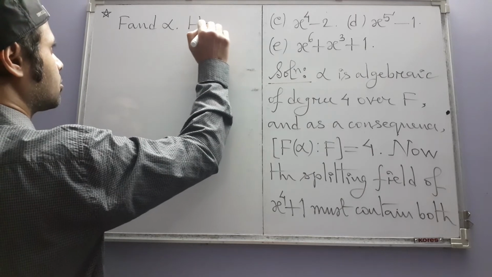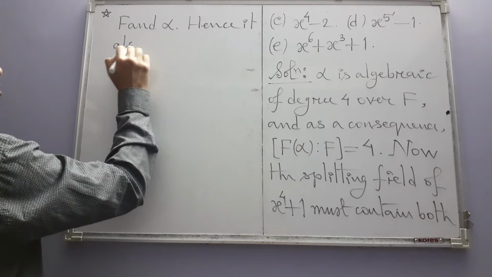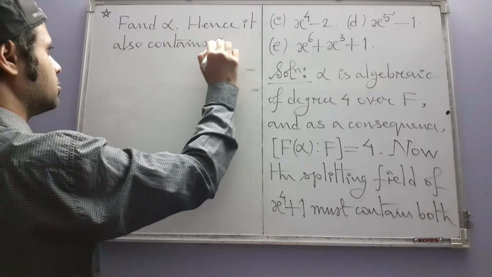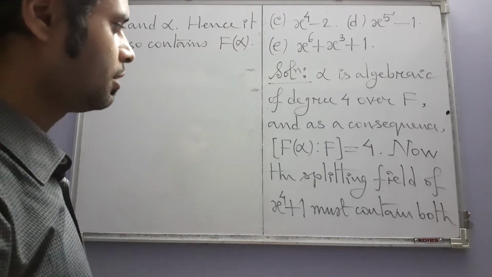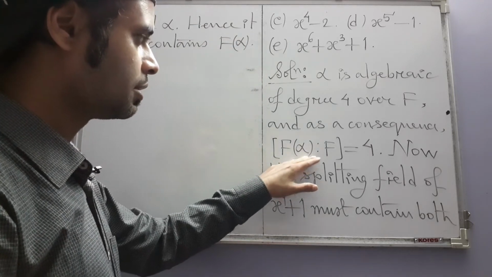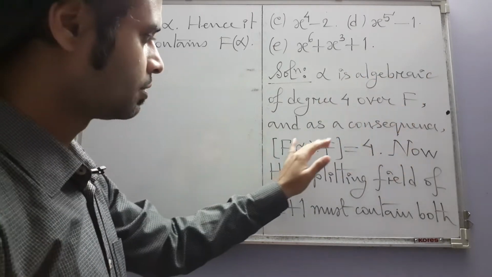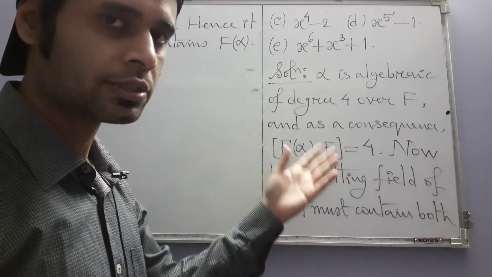Hence, it also contains F(alpha). Why? Because F(alpha) by definition is the smallest subfield of whatever extension we are considering of F in which all these things are going on.